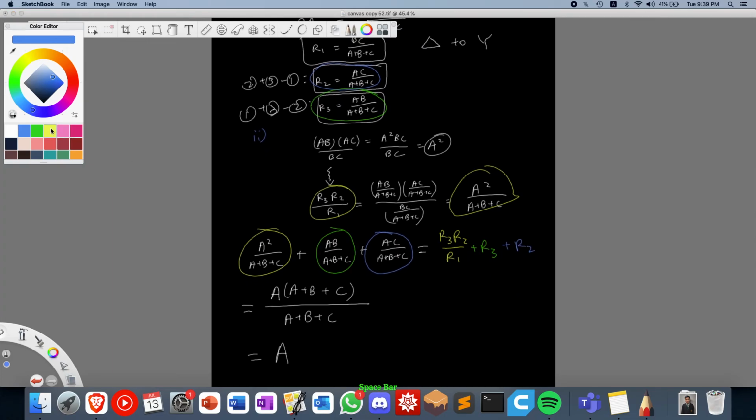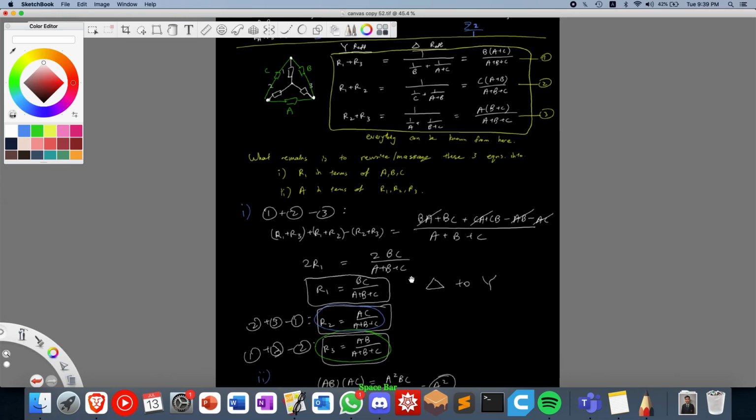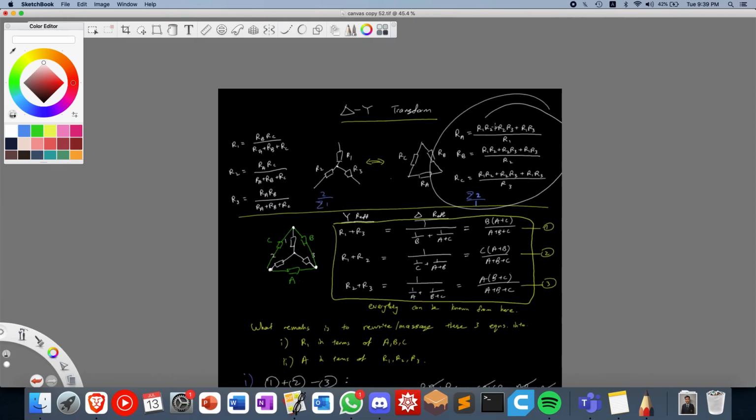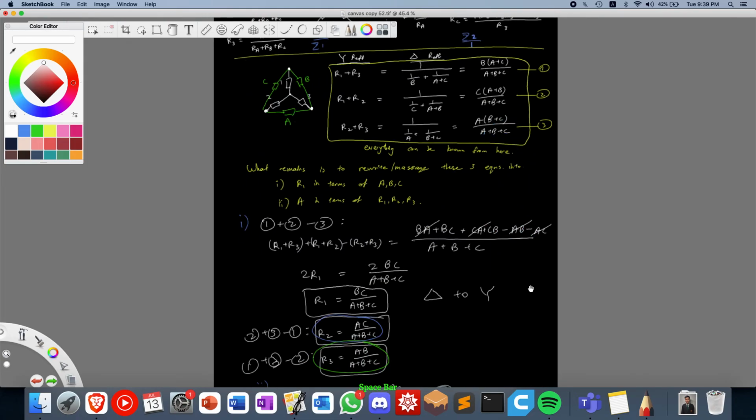And what do we get on the right hand side? We just get R3 R2 plus R1 R3 plus R2 R1 over R1. So that's our answer. A is equal to that, and in fact we check up here, it agrees with this formula over here. So that's exactly how to do it.